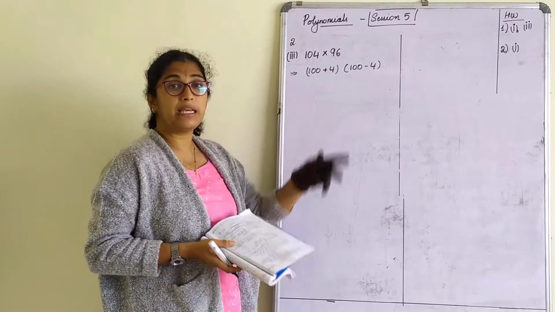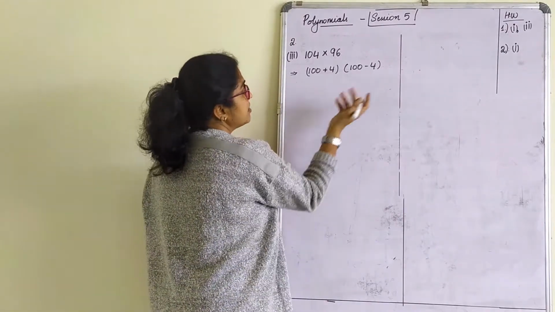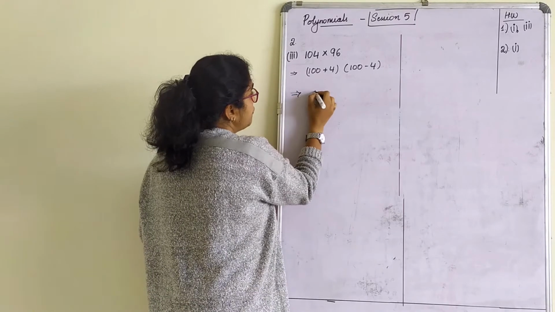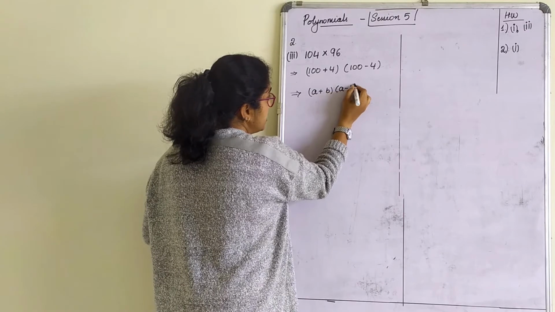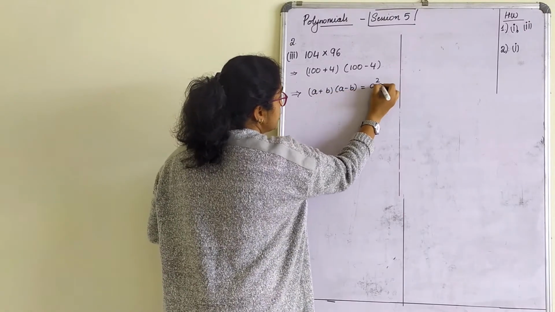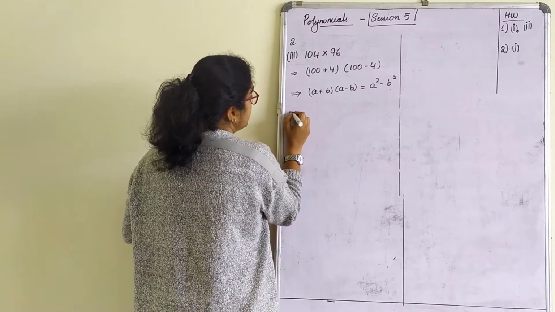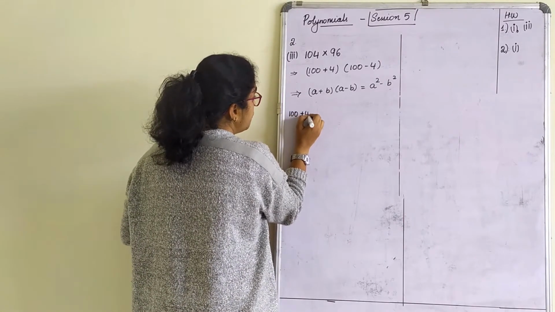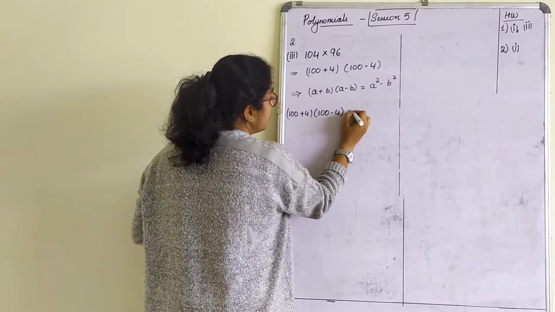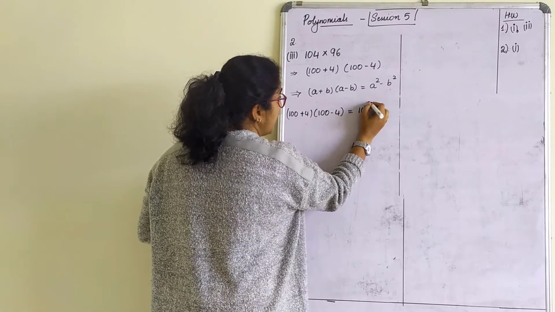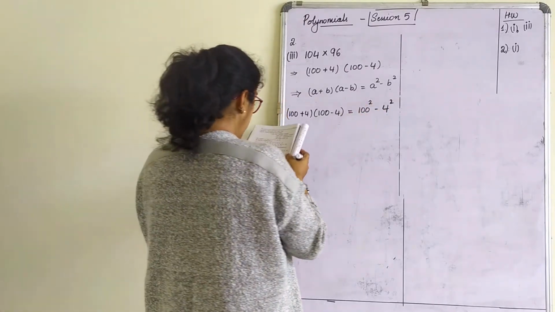That is a plus b, a minus b type, so you need to identify it correctly. Since this is of the form a plus b into a minus b, that is a square minus b square. So 100 plus 4 into 100 minus 4 is of the form 100 square minus 4 square.